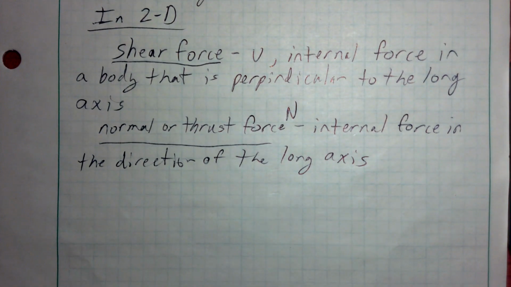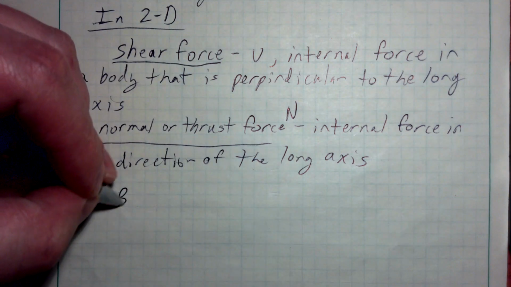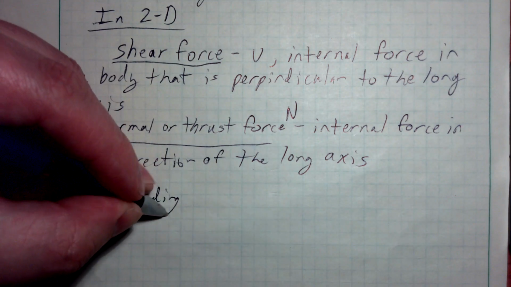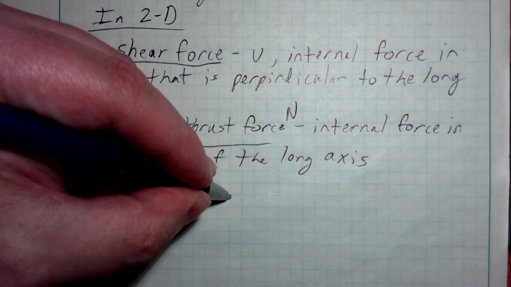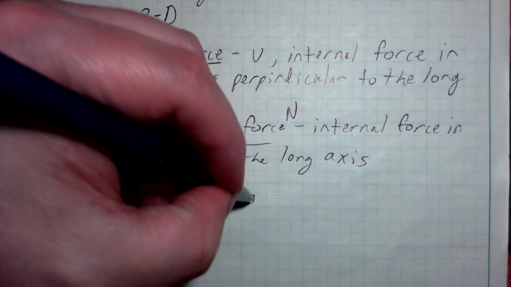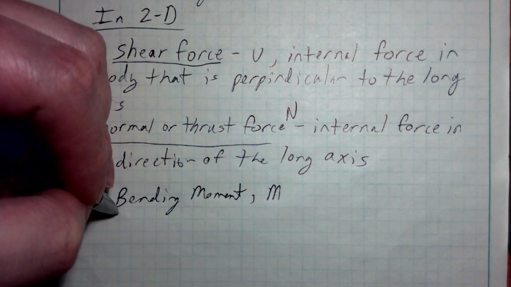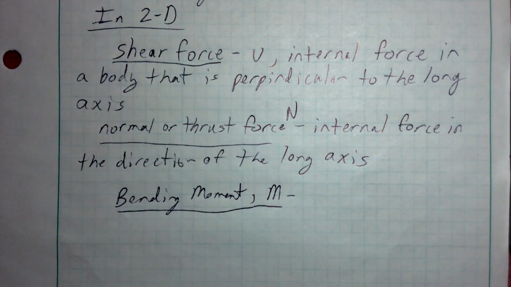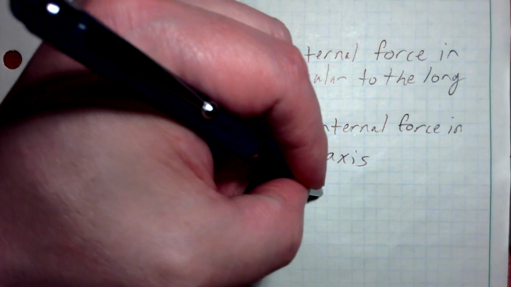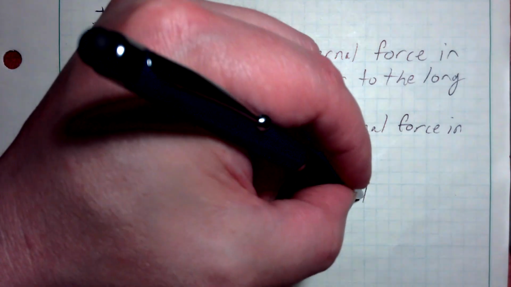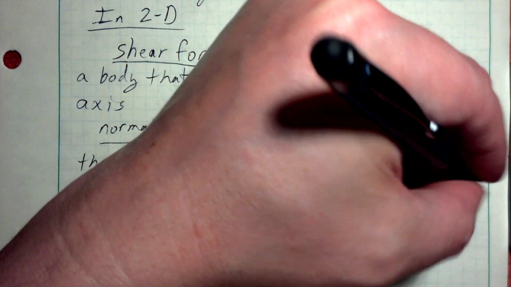And then in 2D we simply have the bending moment, which we'll call M. And this is simply the internal moment.